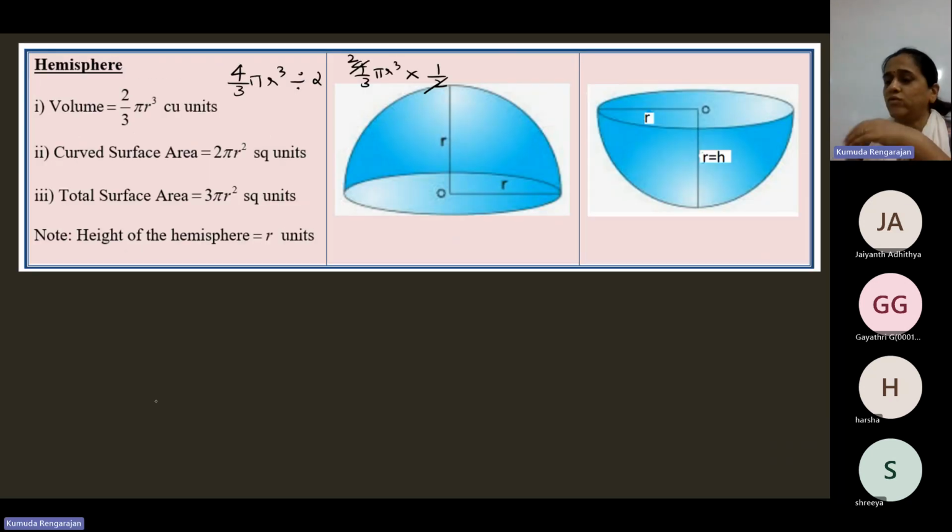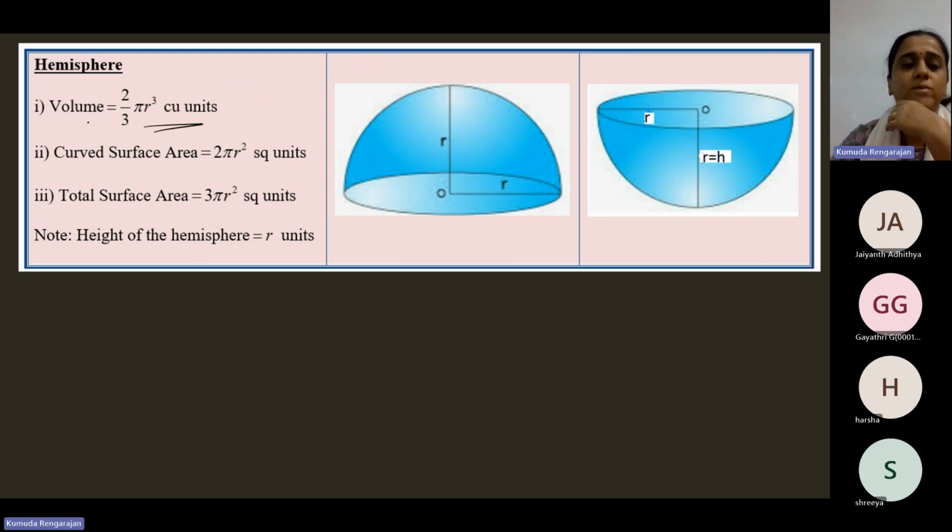Hemisphere is divided by 2, meaning into 1 by 2. So you can see it's 2 by 3 pi r cubed cubic units, the formula to find the volume of a hemisphere.